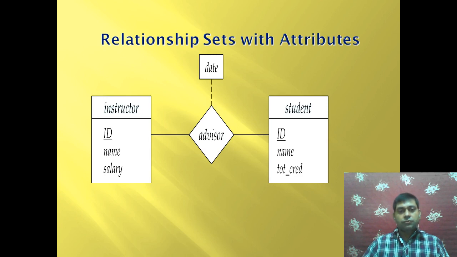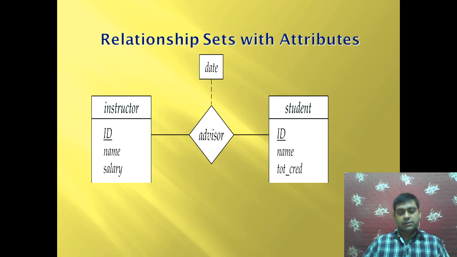Now coming to the next description of this particular relationship, we all know that mostly the entity sets are connected with the attribute, but here the relationship set also has the attribute. Now how is it becoming an attribute of a relationship set?